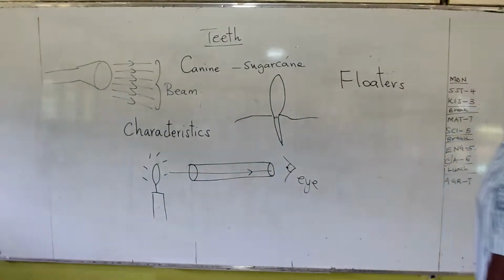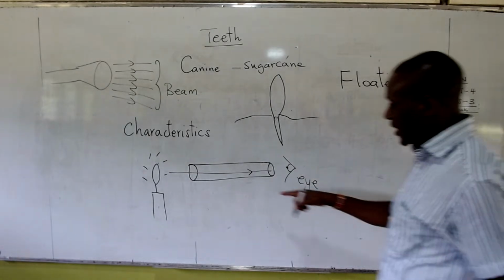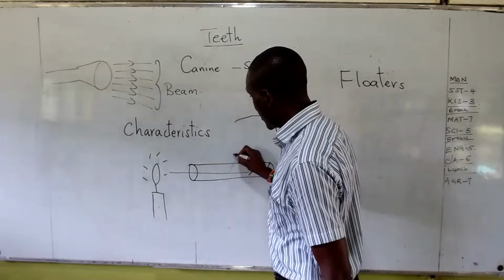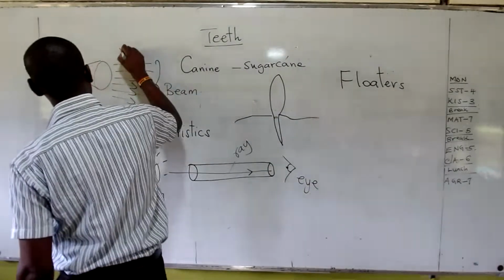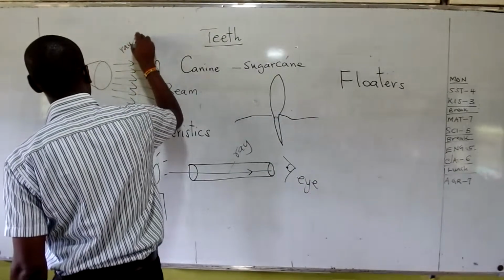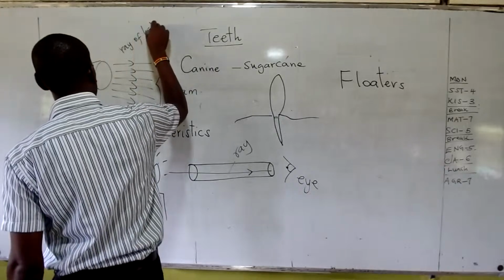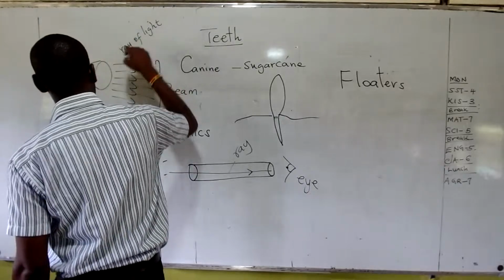But one line of light is called a ray. It's called what? A ray. So one line, like the one that I drew here, is a ray of light.